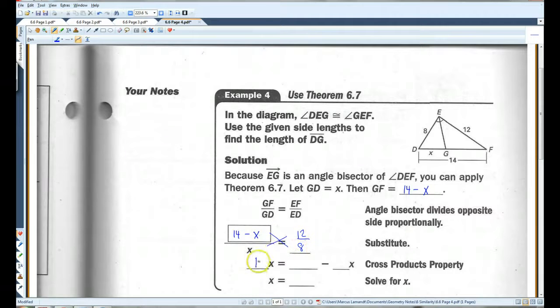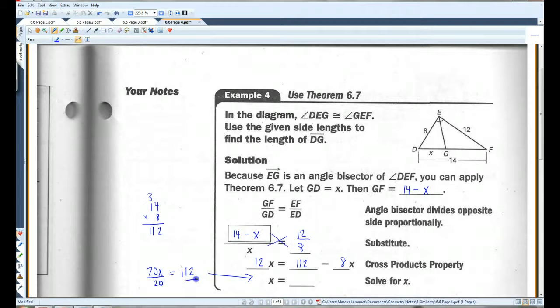I'm going to put the 12x over here just because that's how they have it set up. And I'm going to distribute all in one step. 8 times 14 gives you 112. So I have 112 minus 8x. I'm going to add 8x to both sides, so I get 20x equals 112.